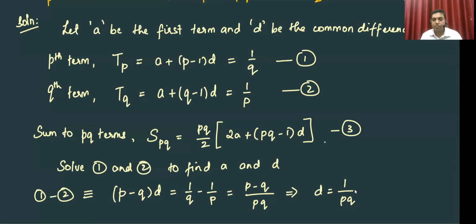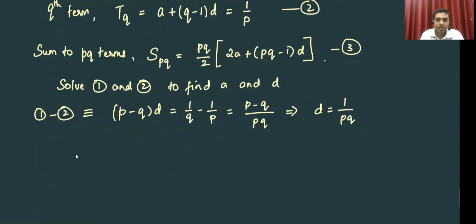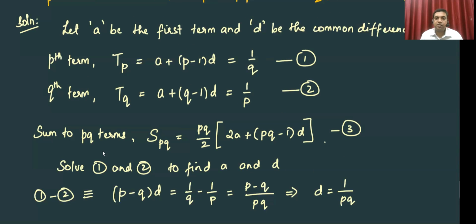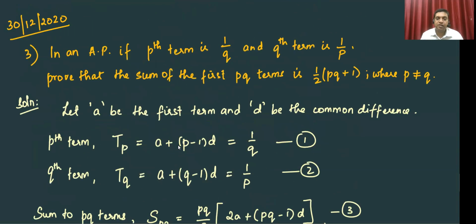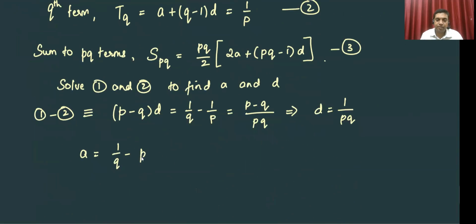If the common difference is 1 by pq, what is a? The first term a is 1 by q minus p minus 1 times d from equation 1.